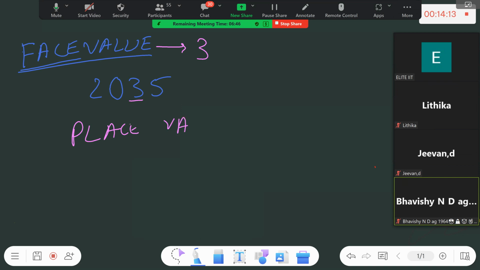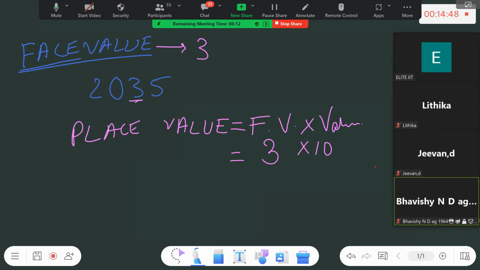Place value is your face value into the value of the place occupied. Which place does it occupy? Tens. So into 10, and the face value is 3. So the place value of 3 here is actually 30.